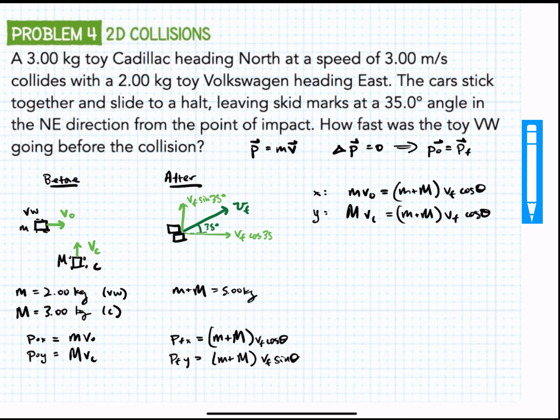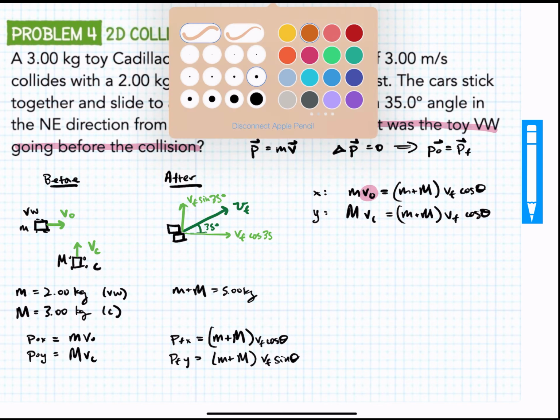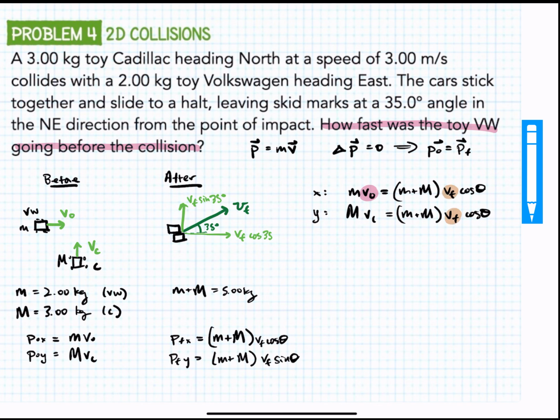Now, if you look at the things we know and don't know, we're looking for this ultimately, because we want to know how fast the toy VW was going before the collision. But there's another thing we don't have, which is v final. However, we have 2 equations and 2 unknowns, so we should be able to solve.